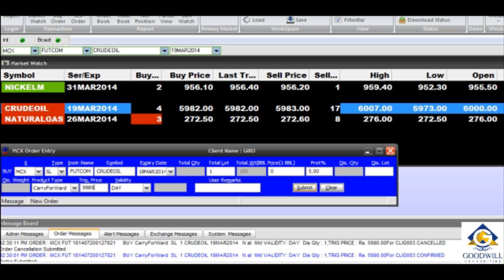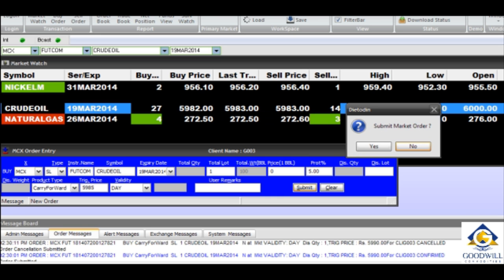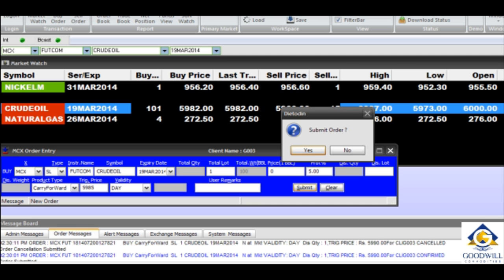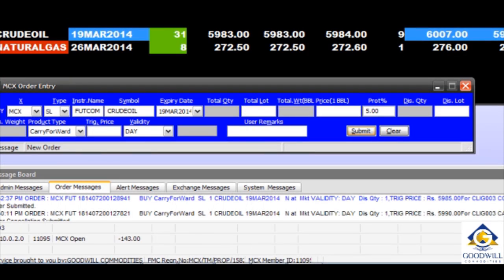So what I am doing is that I am going to place a normal buy order with certain conditions by means of this stop market order. Let me see how it works. Now we can notice that I am going to place a buy stop loss order, but I don't have any position.